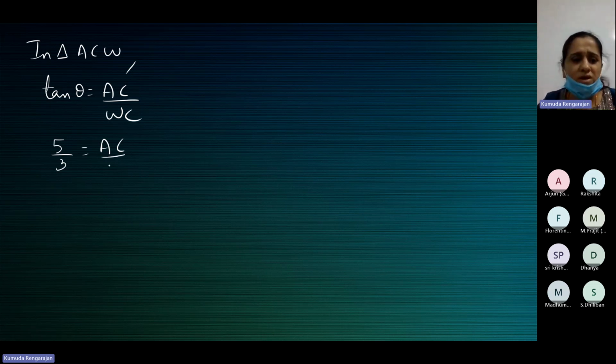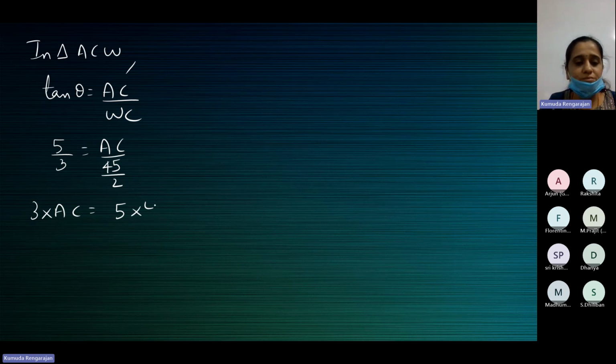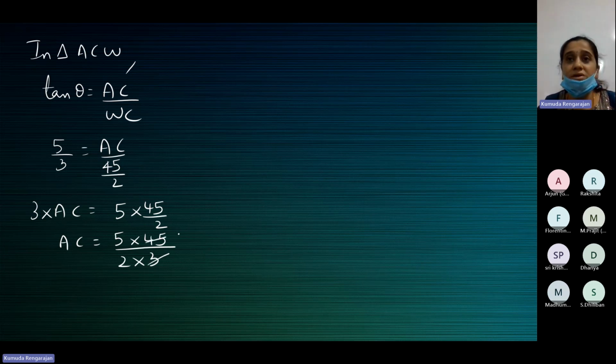Cross multiply, so we get 3 into AC equal to 5 into 45 by 2. So AC is equal to 5 into 45 by 2 into 3. 3 ones are 3, and 15 fives are 75. So AC is 75 by 2, which is 37.5 meters.